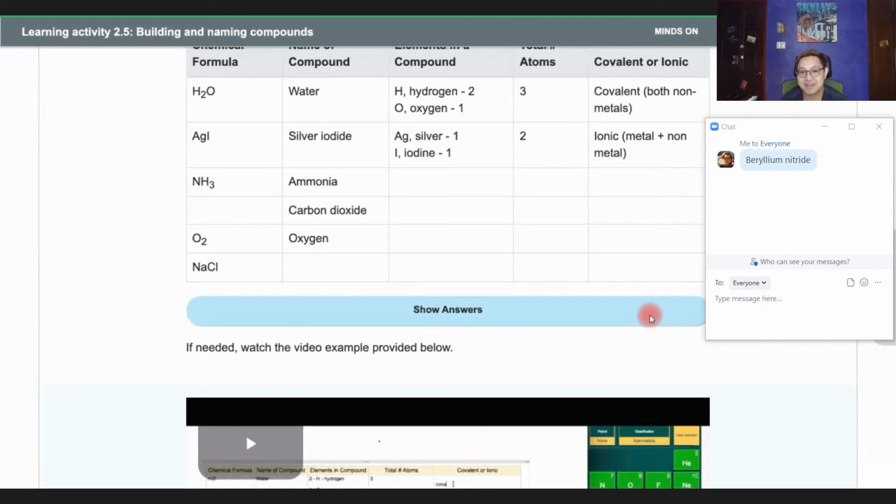Okay, now CO2, carbon dioxide. Don't worry, I'm a very patient person. You can be slow, but I want you to have confidence when you do it. So it takes many more hours.